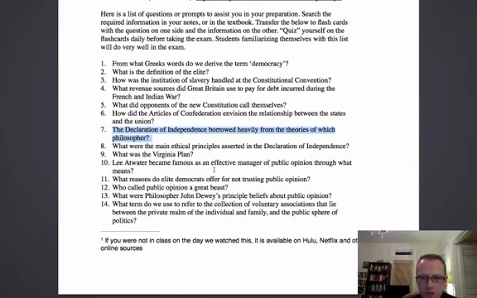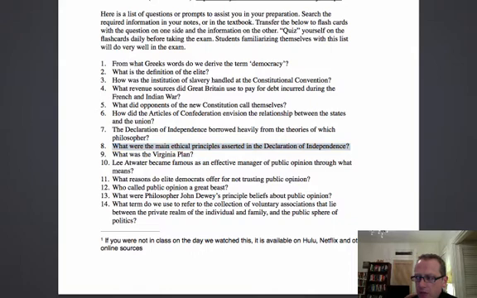Dewey was, of course, not born yet for ages and ages, so he's not really relevant to our discussion. But the Declaration of Independence certainly did borrow heavily from the theories of a certain philosopher, and we discussed this in class.